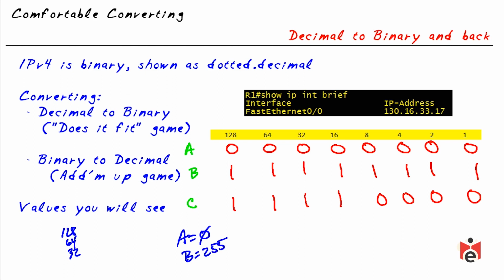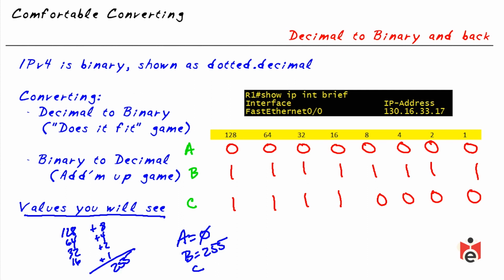And you might say, well, Keith, you did that in your mind. You didn't even write that out. And that's because this is one of those values that you're going to see a lot, 255. And it's just because of raw practice with these numbers that I can do that in my head. Otherwise, I'd be writing it out. So 128 plus 64 plus 32 plus 16 plus 8 plus 4 plus 2 plus 1 equals 255.